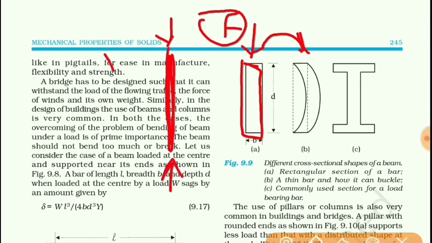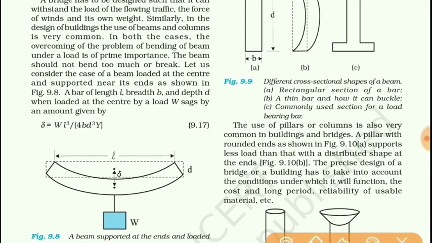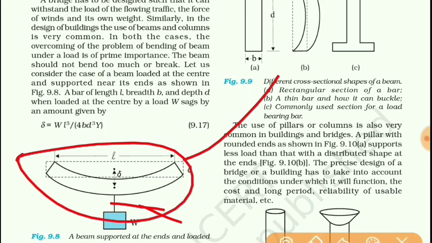It will bend in this way or in this way. And this vertical bending is known as buckling. So this effect is called the buckling effect. The earlier effect is called sagging, which is horizontal, and here this is vertical. So this is called the buckling effect.